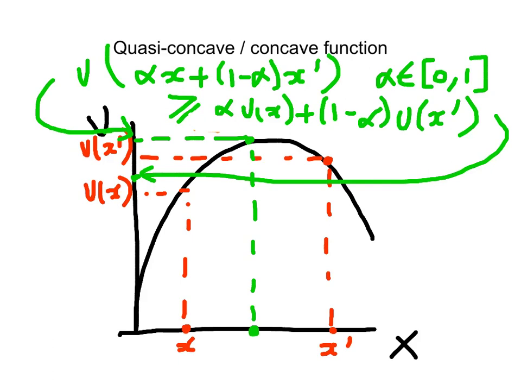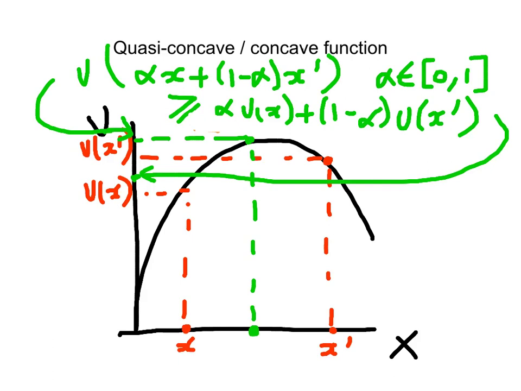And I can check here, of course, if I was to check the level set, for example, the set of y such that u of y is greater than u of x, or the set of x prime such that u of x prime is greater than or equal to u of x, I would find that the upper contour set would be convex for the same reason as I've outlined before. So all concave functions are also quasi-concave.